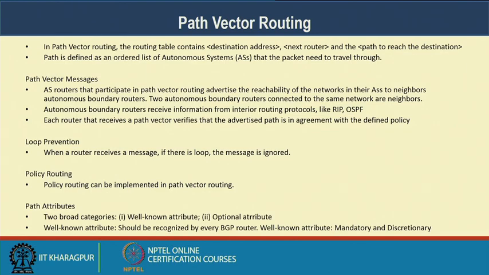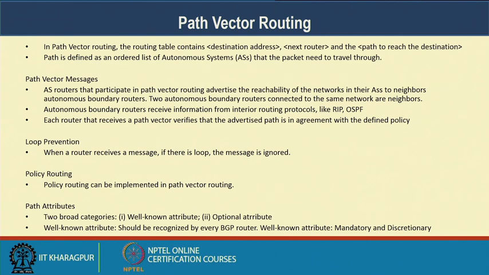Now, let us look at path vector routing, right. In path vector routing, the table contains the destination address, the next router and the path to reach the destination. Unlike OSPF and RIP, or distance vector and link state, in this case we have the destination address, the next router to be hit and the path to reach the destination.